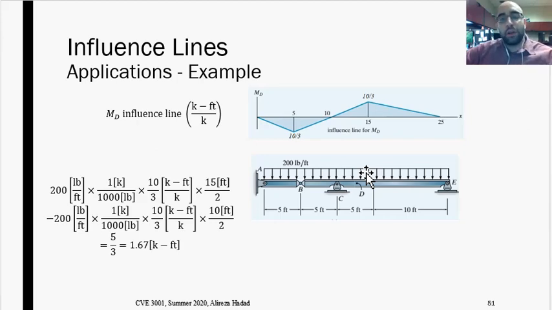I cannot say, for example, I'm going to put this dead load over here or over there to get the maximum negative or positive. It's always there. So saying maximum positive or negative is meaningless. When we are considering a dead load, we can just say what is the bending moment at point D because of this dead load, or self-weight of the beam.